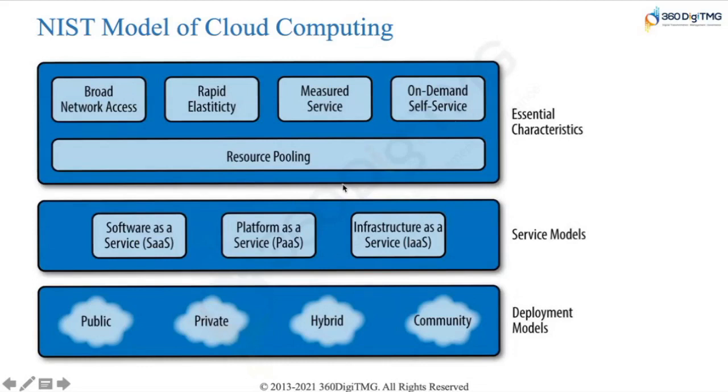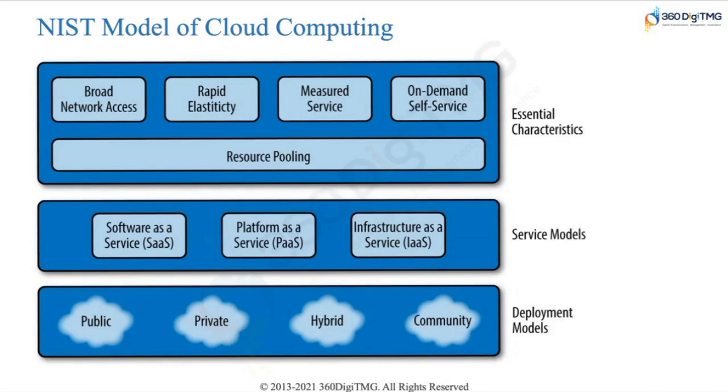And resource pooling. Say I have my cloud account, and my friend also has a cloud account, let's say AWS. I have created an account in AWS, and my friend also has an account in AWS. I have launched a virtual machine, and I'm doing some projects on it.